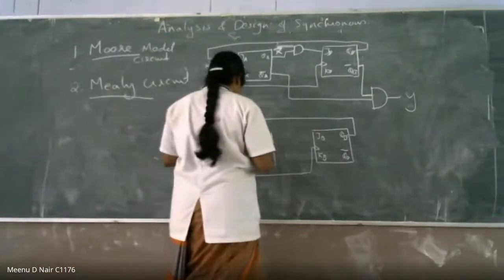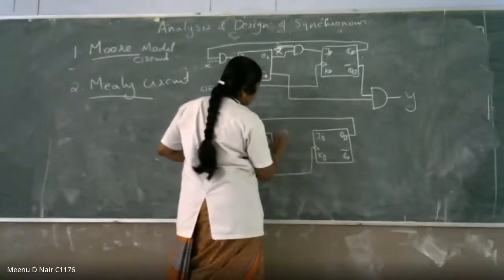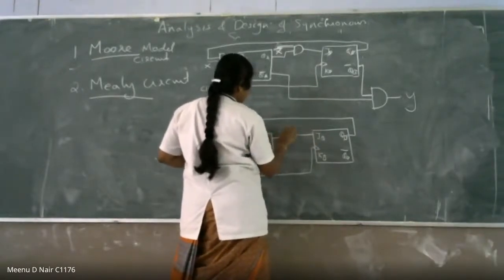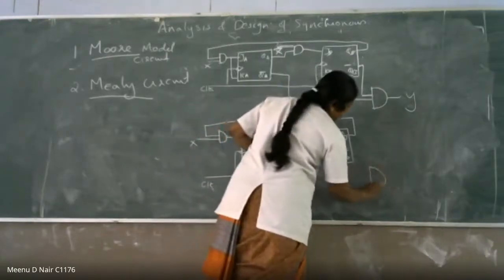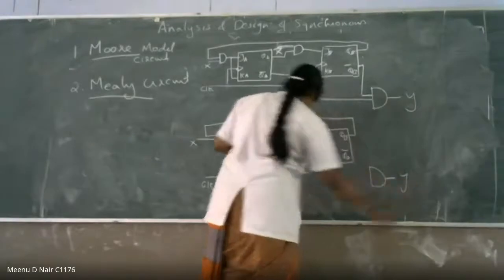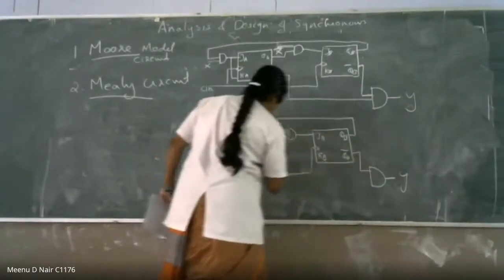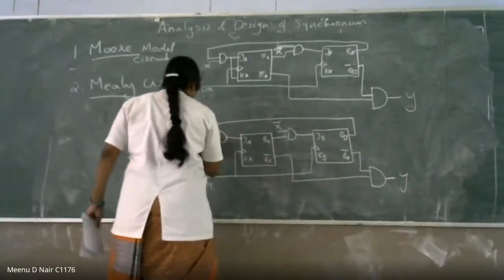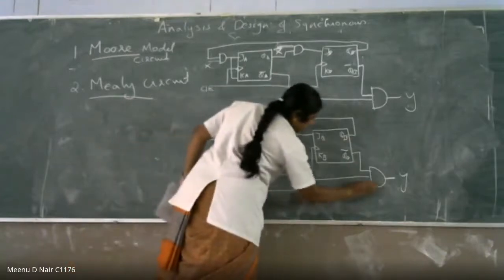Its output we are connecting to, and here also this is QA, and this one is X bar, and here it is Y. You are connecting this as your output Y. QB bar is ANDed, QA bar is ANDed, and one more thing, that is nothing but X AND.